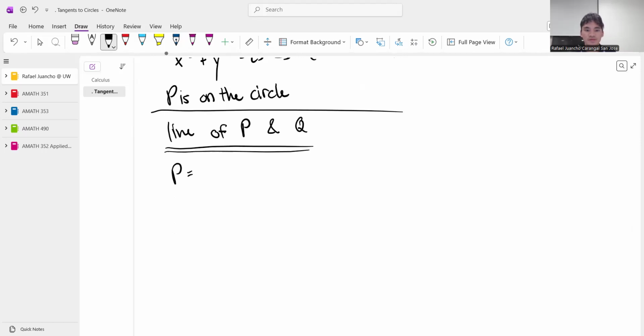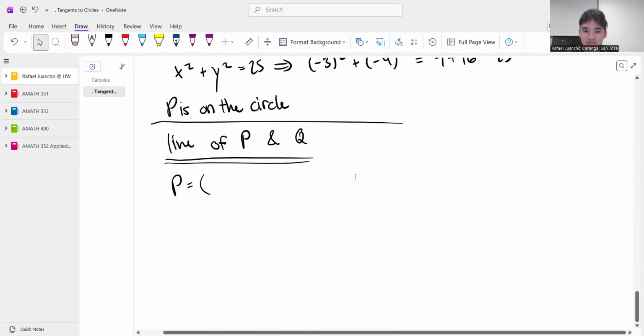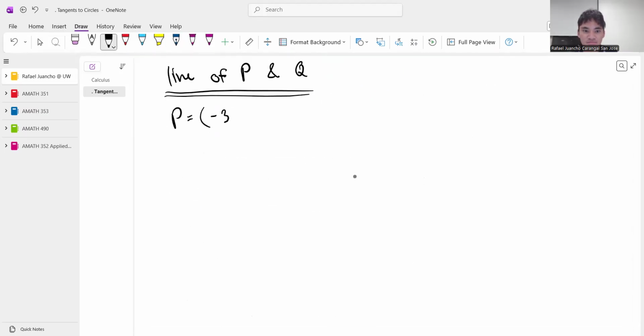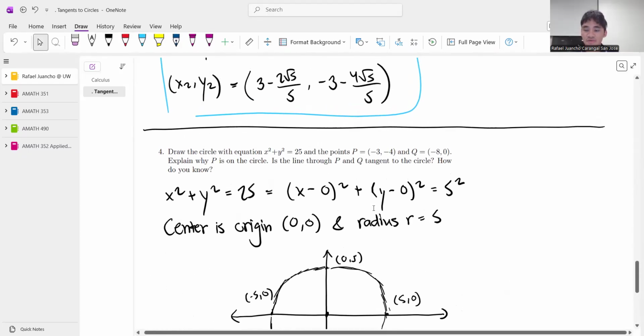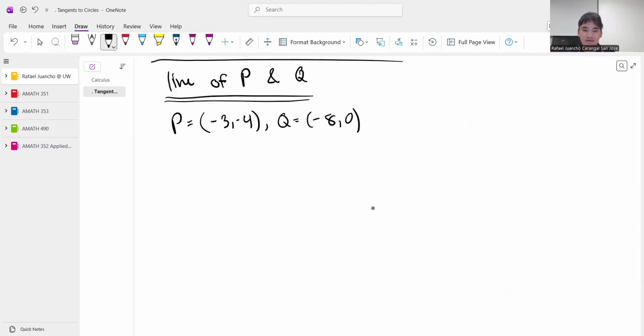Well, my P is the point, I forgot what it was, -3, -4, and Q would be -8, 0. And we do know from pre-calculus or algebra, high school math, that we can find the equation of a line from 2 points.